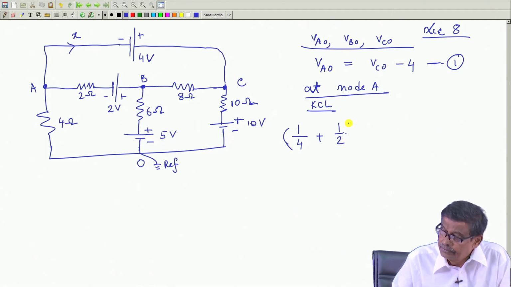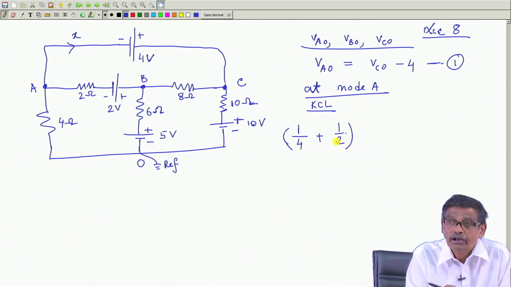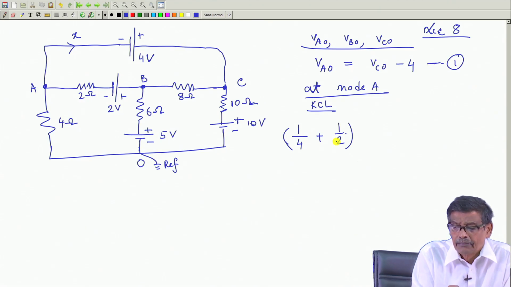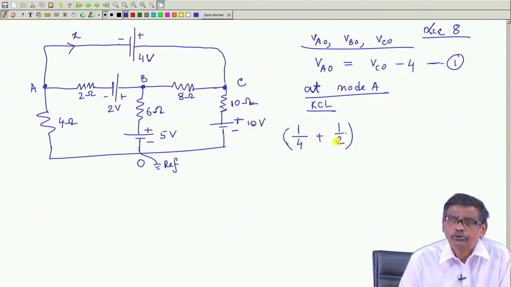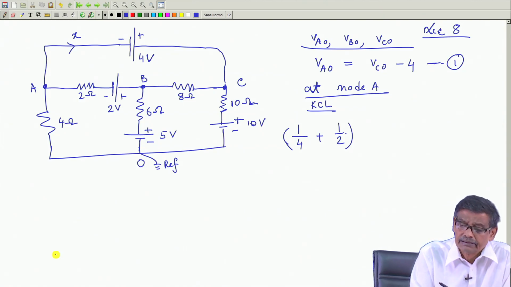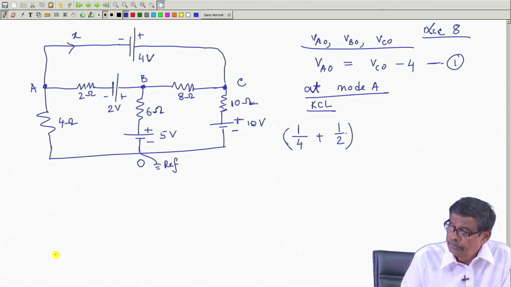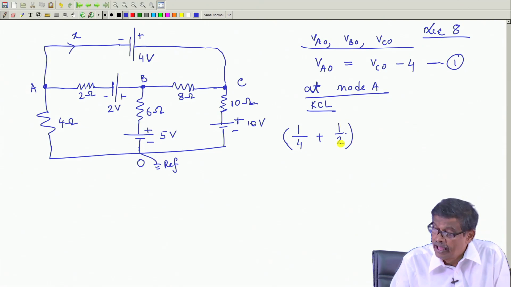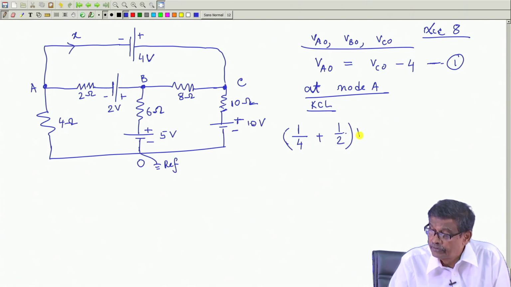Like that I can do 1 by 0, I am not going to write. I will say, oh, there is a source and some x ampere will eventually flow through it and that current is flowing out. So far as these two currents are concerned, 1 by 4 plus 1 by 2 will be involved and this will be the coefficient of VA0.